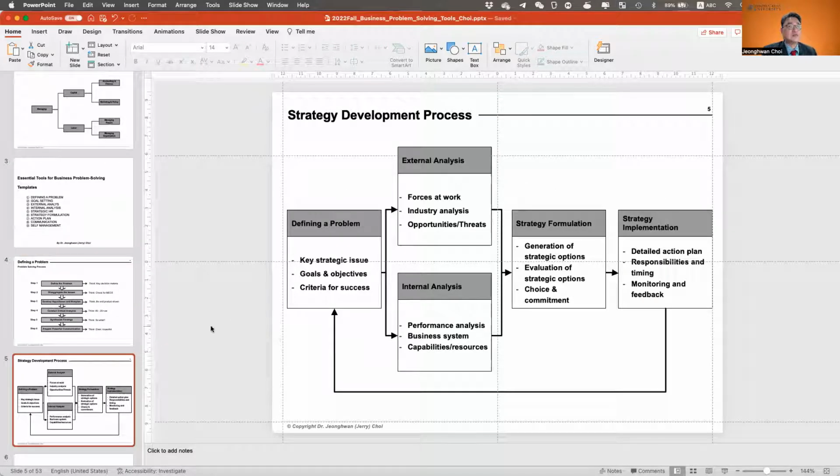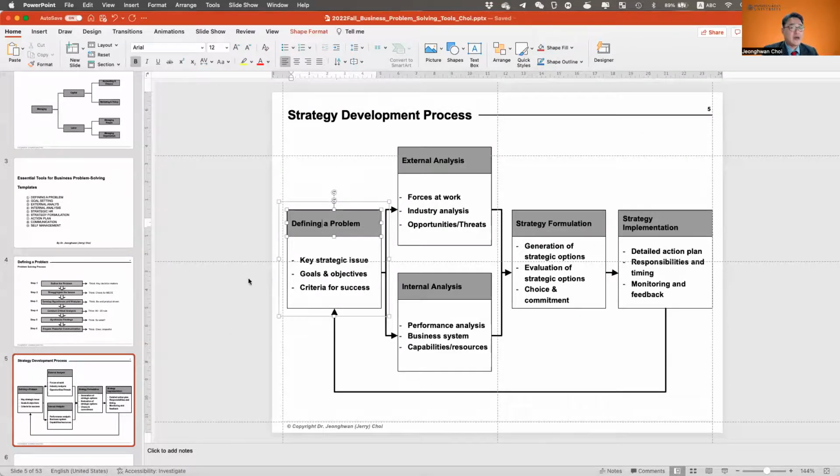And then, more specifically, there is a strategy development process. More practically speaking, as a business strategy consultant, maybe you follow the general process and do these more practical and specific functions in order to draw up strategies. Define the problem. When you define the problem, please think of the key strategy issues, goals and objectives, and criteria for success.